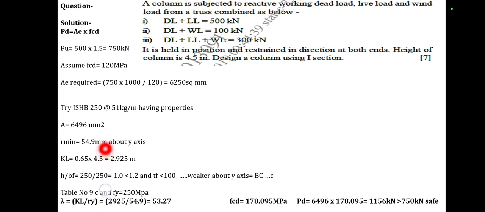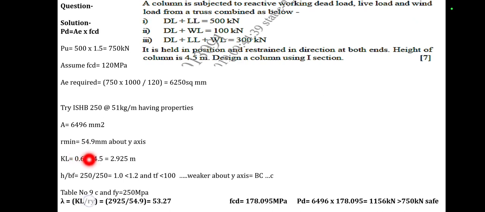Thereafter, a very important thing, that is the KL upon R minimum. For calculation of this KL upon R minimum, we need to calculate KL first. As the column is held in position and restrained in direction at both the ends, means our translation and rotation are restrained at both the ends, hence our column is fixed support at both the ends.